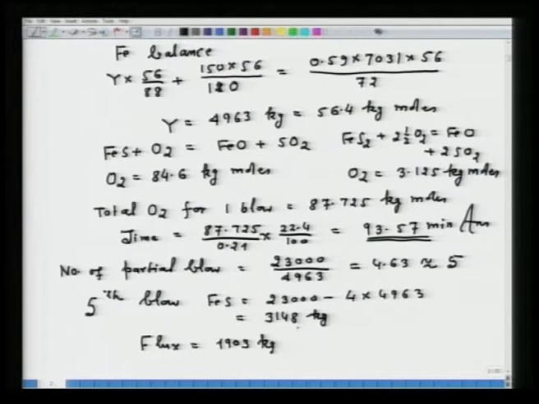Now, again in order to calculate flux, you have to do the iron balance. So, now we can calculate the time for the blows. You have blows 1, 2, 3, 4 and 5.